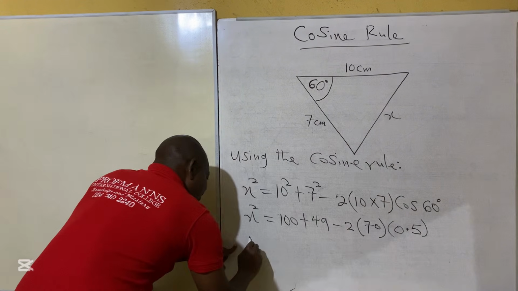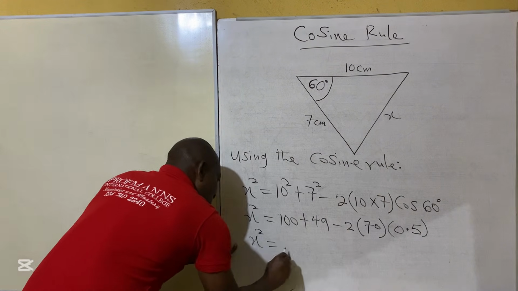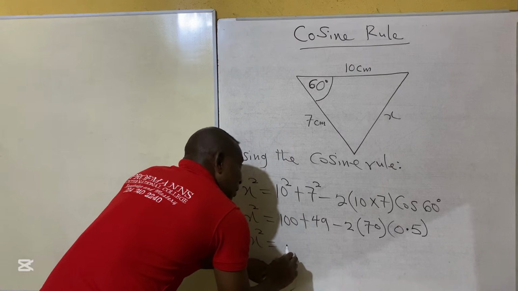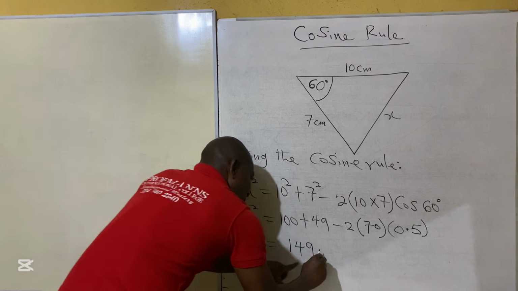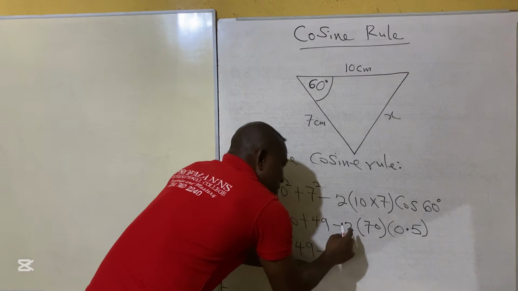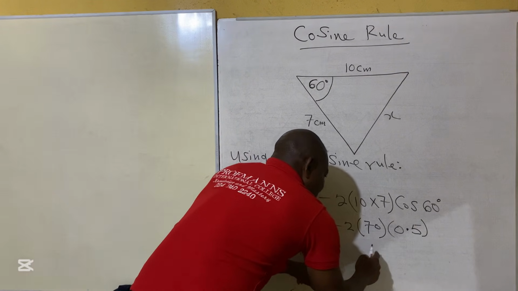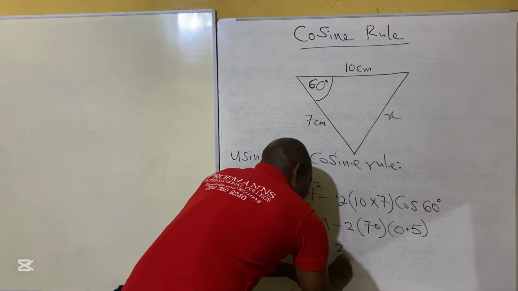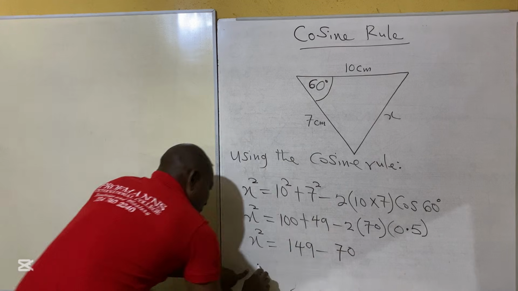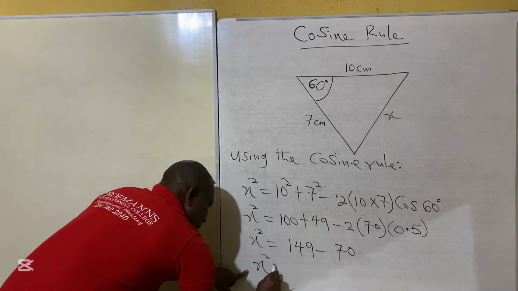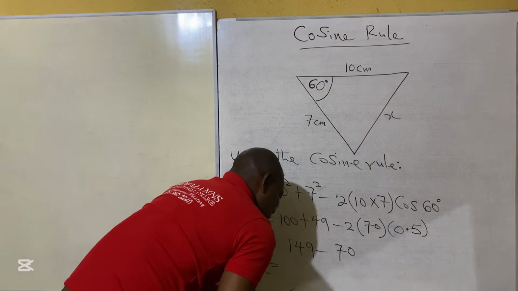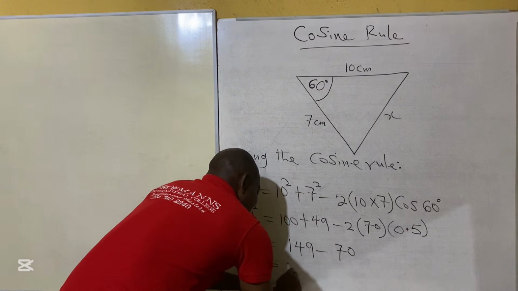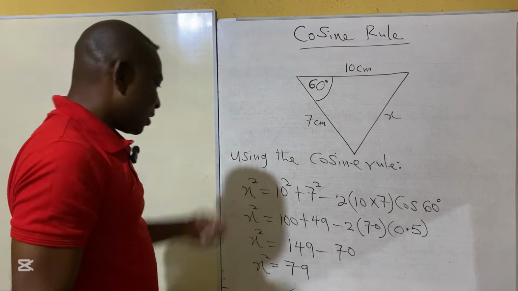So here we have x squared being equal to, when we sum this, it gives us 149 minus, when we multiply this, it's going to give us 70. So we have x squared being equal to, when we subtract this from that, 79.